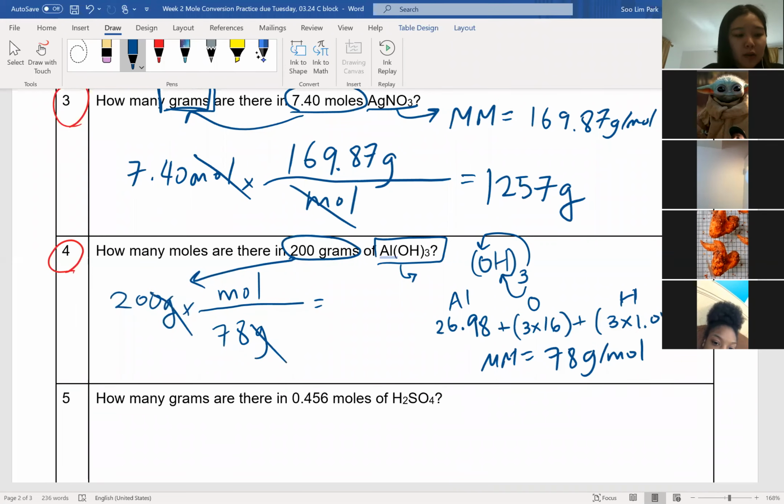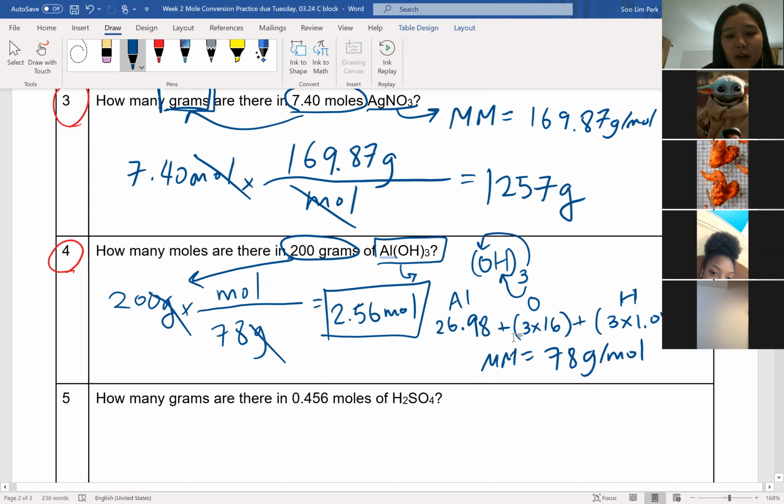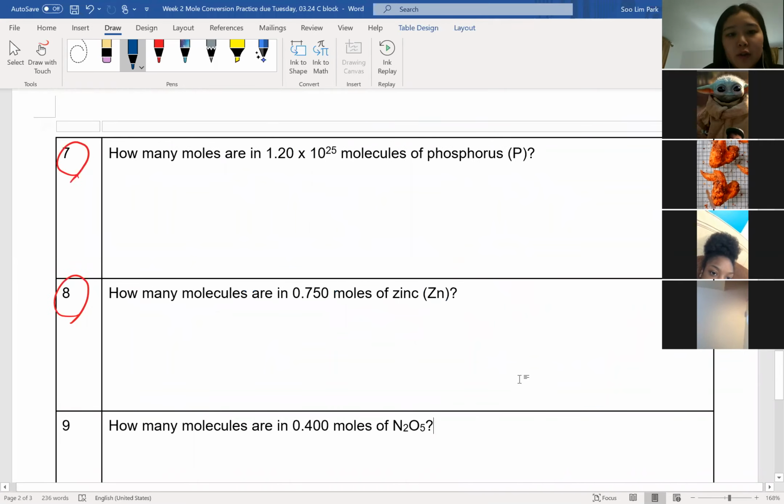So it's going to be 200 divided by 78, and we get 2.56 moles. All right, so this is the answer. Is this what everyone got? Yeah. All right, awesome.